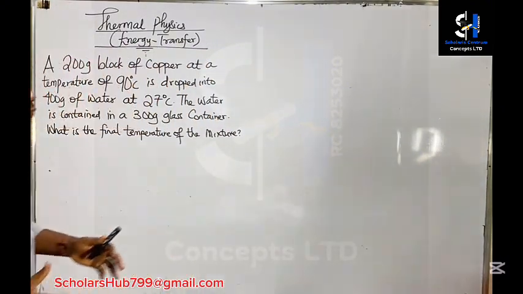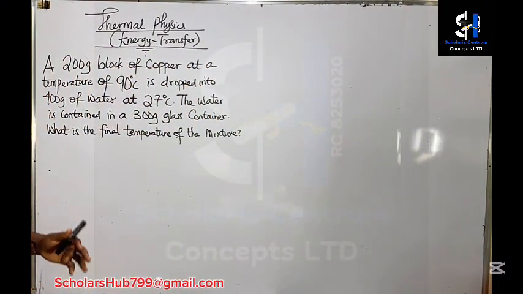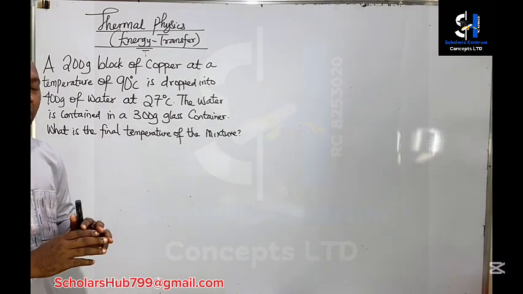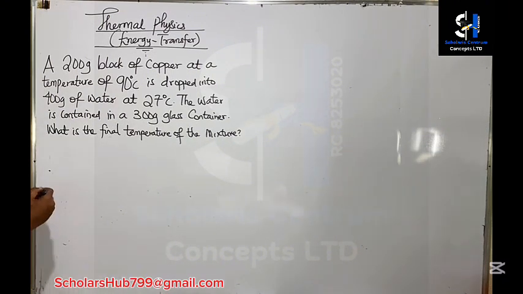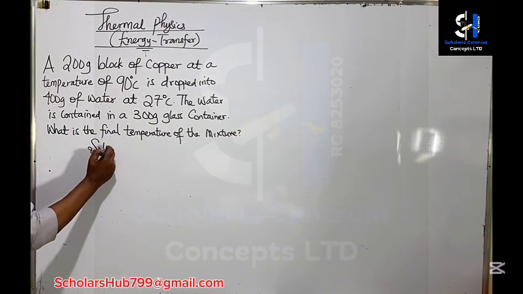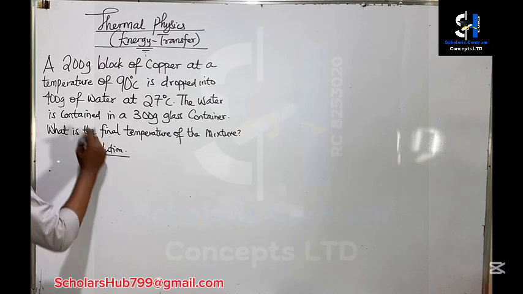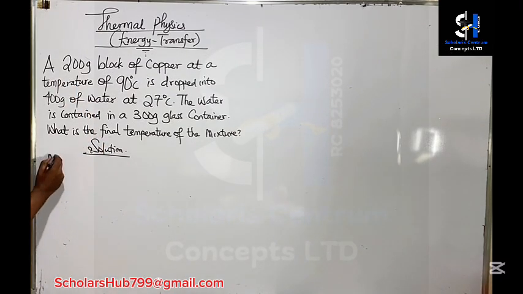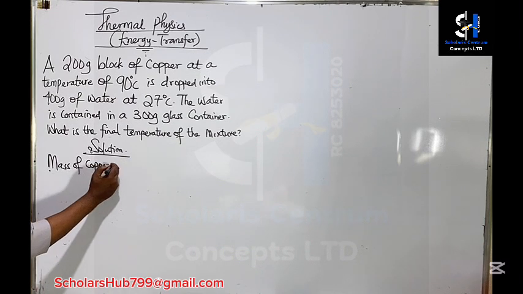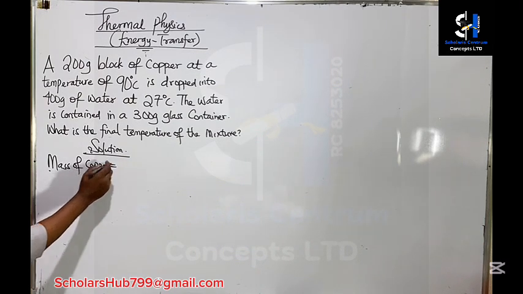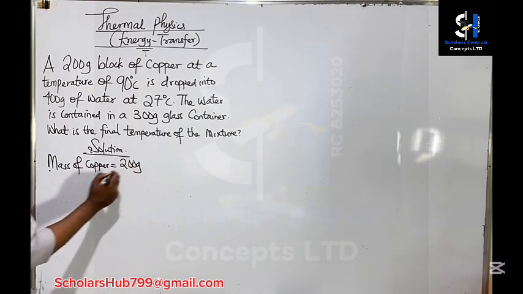All right, so to be able to find the final temperature of the mixture, it is important for us to write down the values we are given from the question. First, the mass of copper is 200 grams.